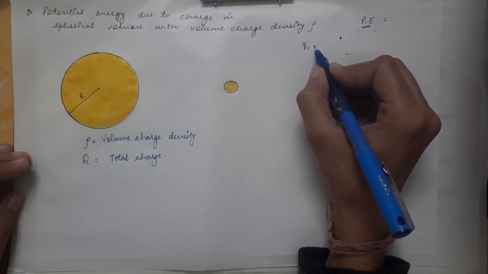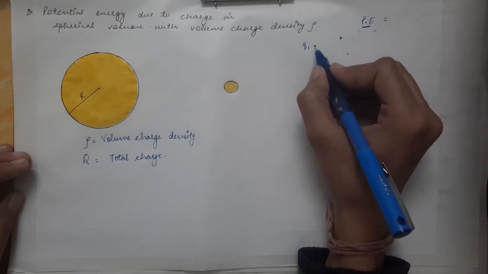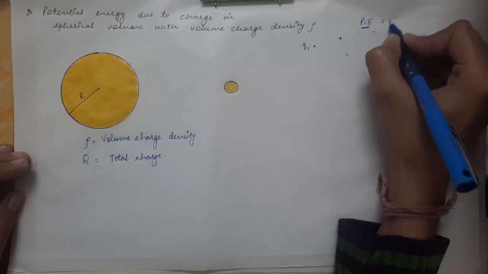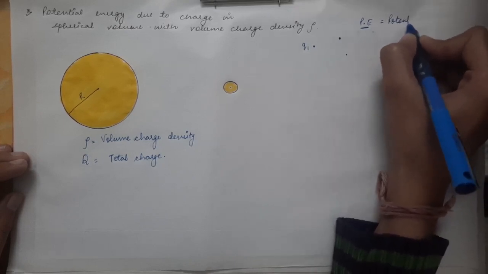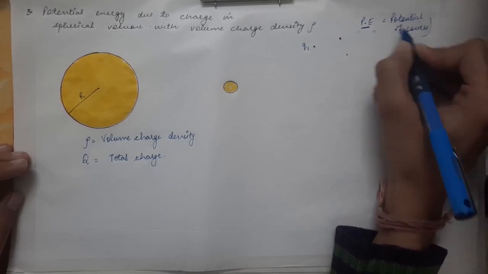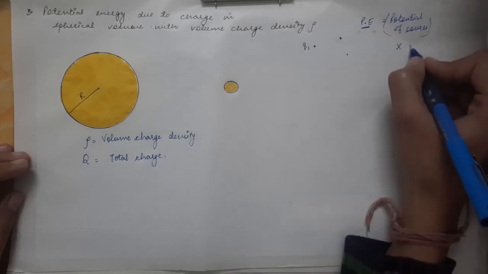First of all, you have to find the potential of the charge which is already present there, the q1 charge, at the point where you want to bring the q2 charge. So potential of the source charge times the charge which you are bringing.